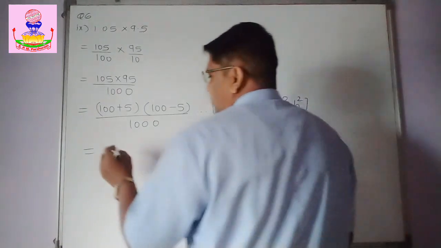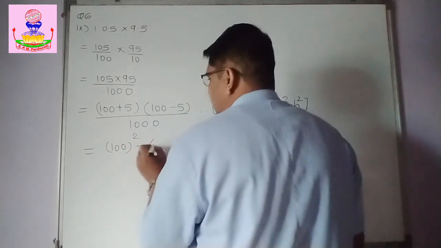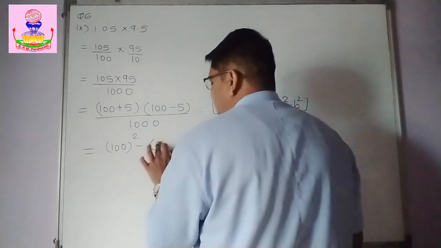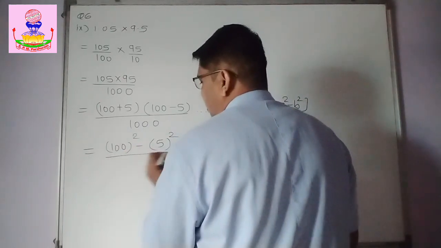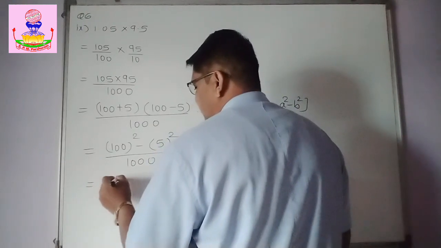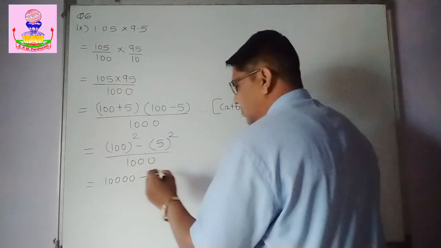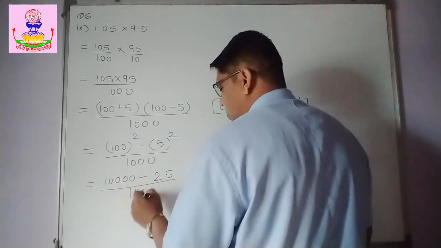Now, so that is 100 square minus 5 square upon 1000. So that is equal to 10,000 minus 25 upon 1000.